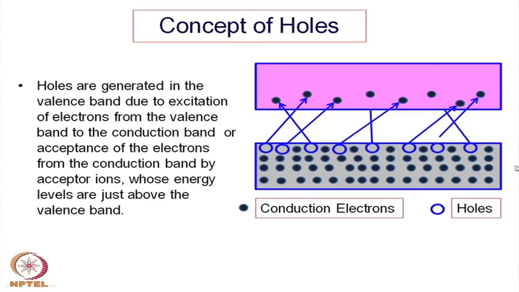So, for our purpose, we will see that a small number of electrons have jumped over to the conduction band. This is the conduction band. It was originally empty, let us say at lower temperature or close to absolute zero. These energy sites are available, but they are not occupied by the electrons.